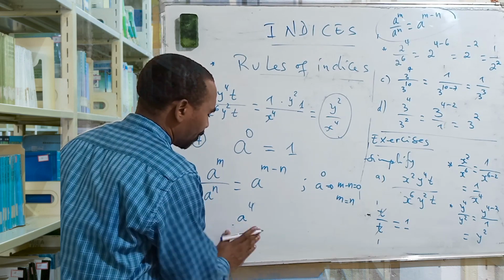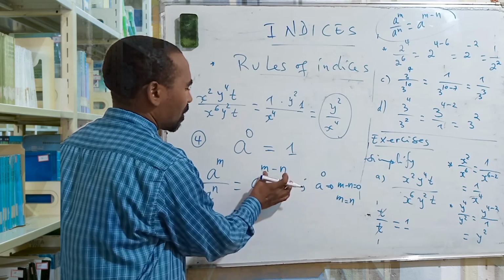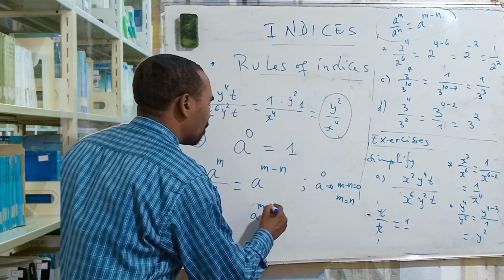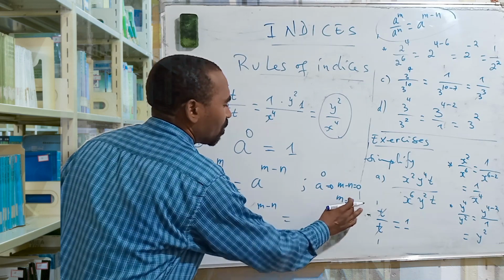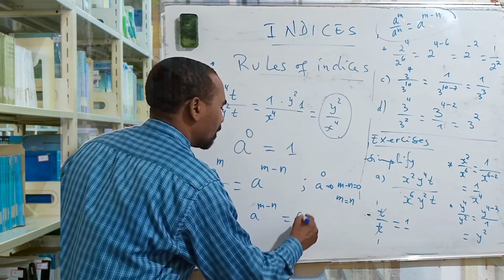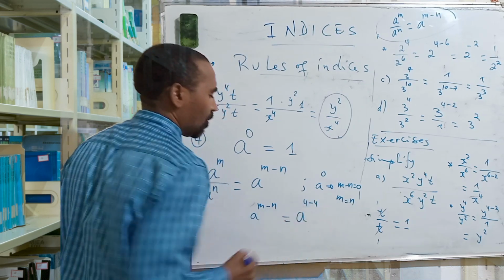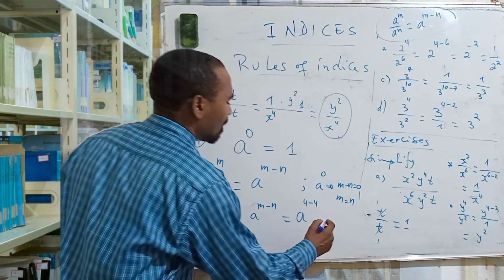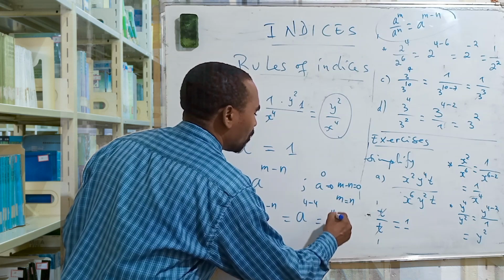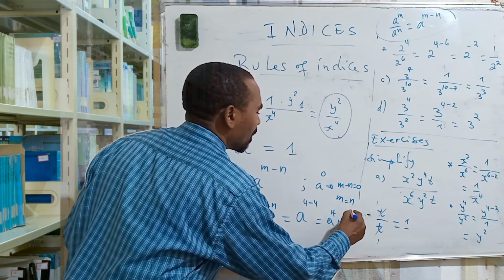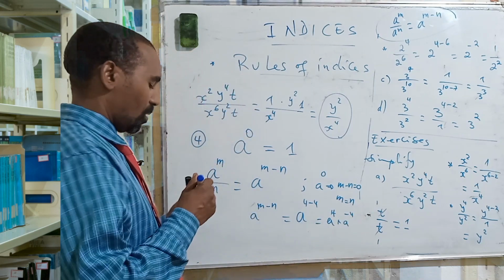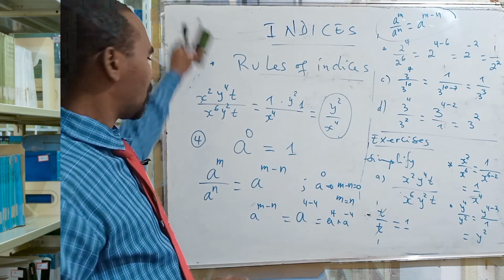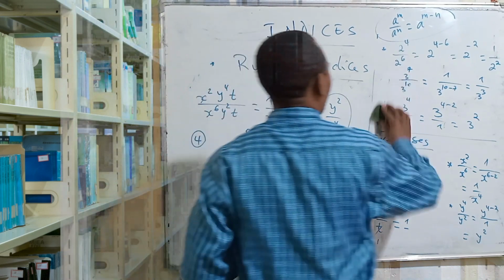Let's take a power m minus n, where m equals n. It is like 4 minus 4. By developing, this is the same as a power 4 times a power negative 4. Then the negative power, we know how to change into positive power.